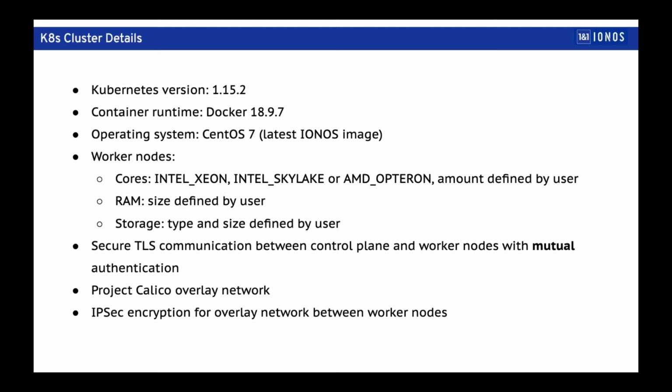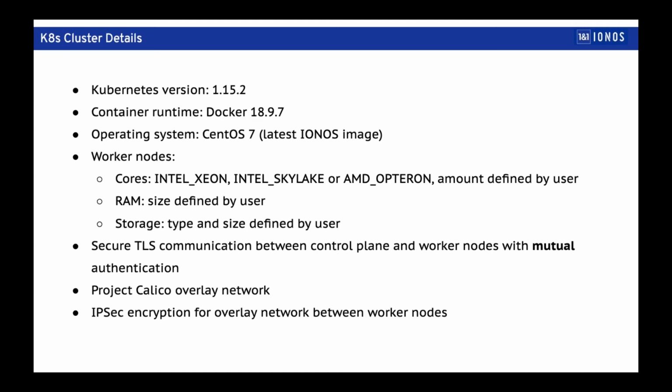Communication between the centrally located control plane and your individual worker nodes is actually encrypted via secure TLS with mutual authentication. And for the network provider, we have chosen Project Calico. It's the overlay network itself. You might know other ones, most have used Weave, I assume. Calico is very powerful.